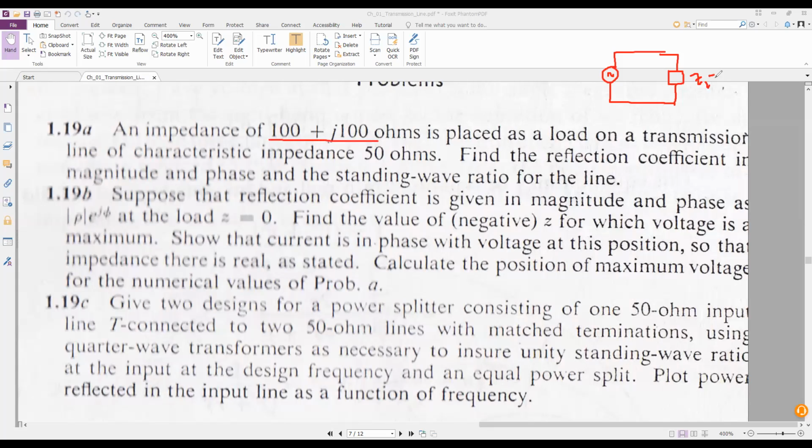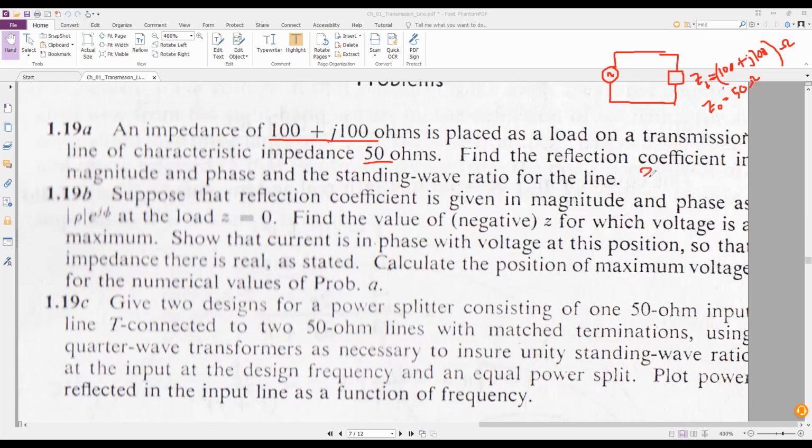ZL is equal to 100 plus J100. Z naught is equal to 50 ohms. Find the reflection coefficient in magnitude and phase and the standing wave ratio for the line.